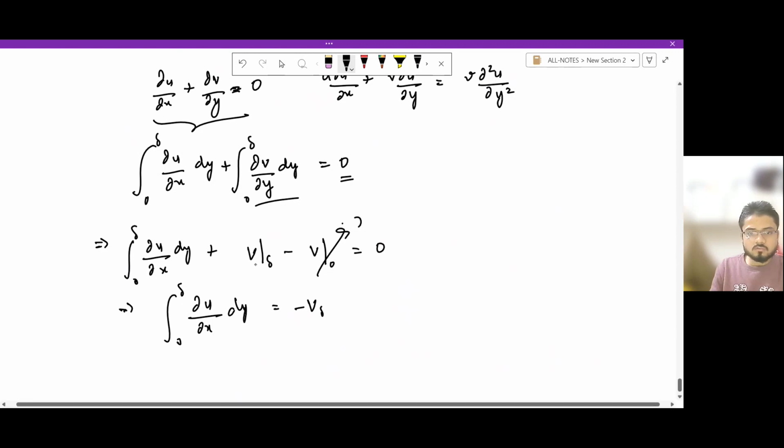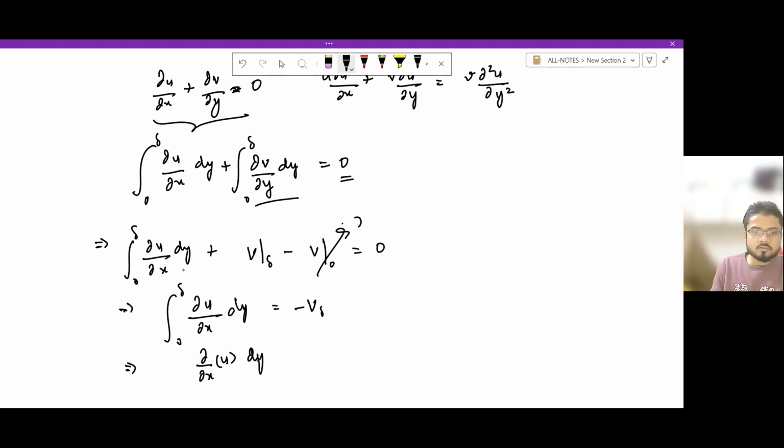So what you could always write is del over del x of u dy integral 0 to delta equal to, and we'd be using the Leibniz rule right here.